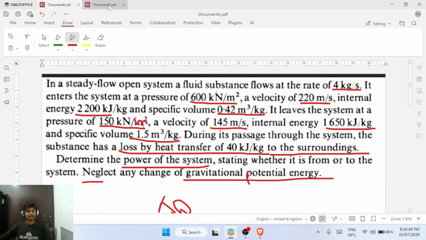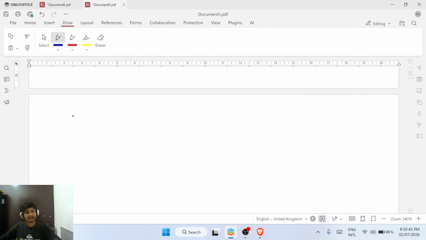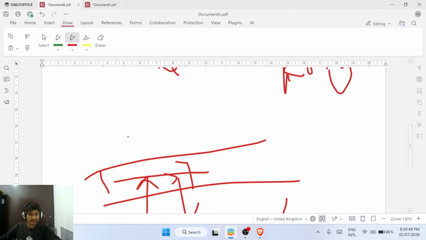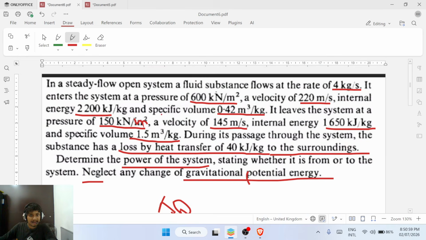Now let's mention everything again in symbols. For example, this is the diagram. If you read the question, the initial velocity is 220 meter per second, but the final velocity of the fluid is 145 meter per second.